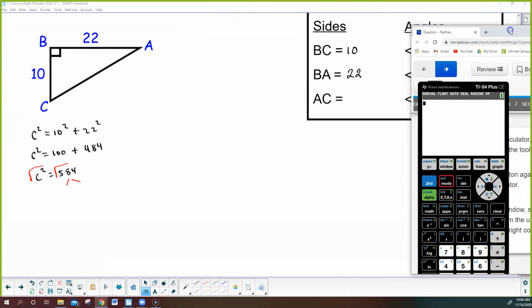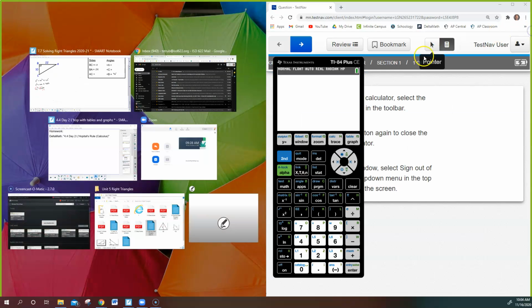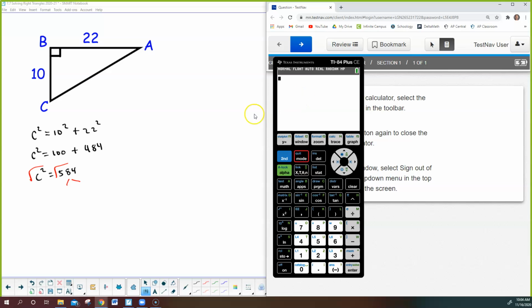Let me see if I can get this working right. So I'm going to just take 584 and I'm going to divide it by the largest perfect square I can think of that might go into it. Now, I know that this probably isn't the case, but I'm just going to check. I always think of, well, 144, that's 12 squared.